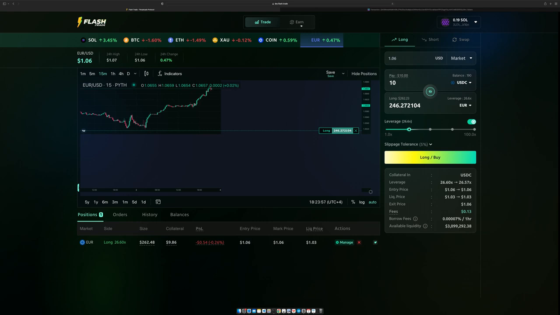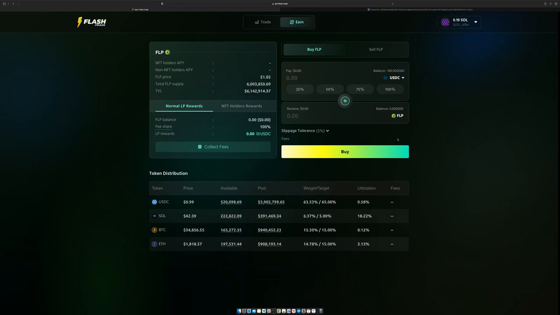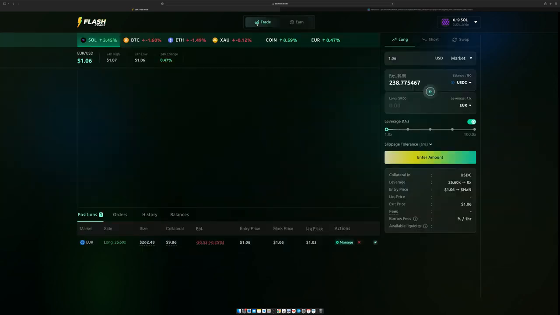So we're going to have a look at the earn page. This is where you see all the assets on the pool. This is a multi-asset pool where you can deposit multiple assets, so LPs get diversified exposure right off the bat, and they also earn real yield. And let's get back to the trading terminal.